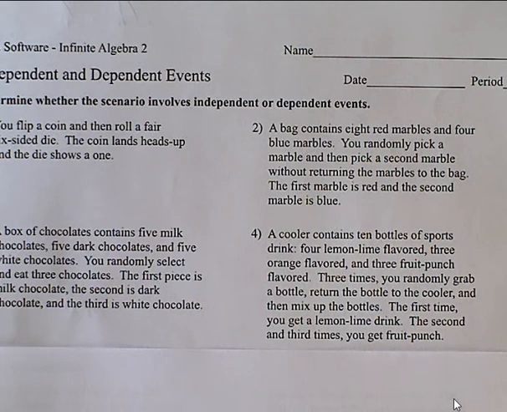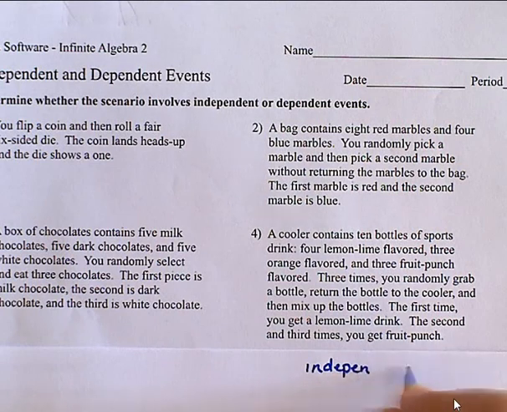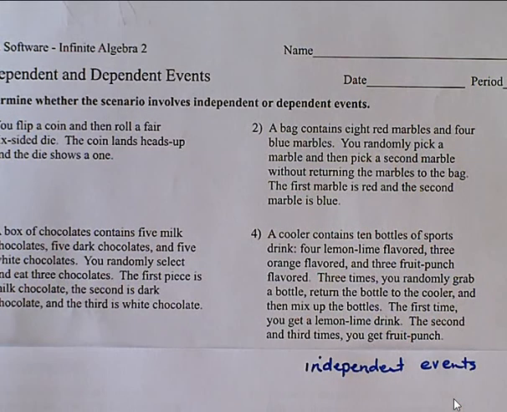Every time that we return the bottle to the cooler, we end up with the same probability of choosing that or a different one. So because they all go back to the same possible chance of choosing, like the first time originally, on number 4 we would say these are independent events. That's what they're asking you to do there.